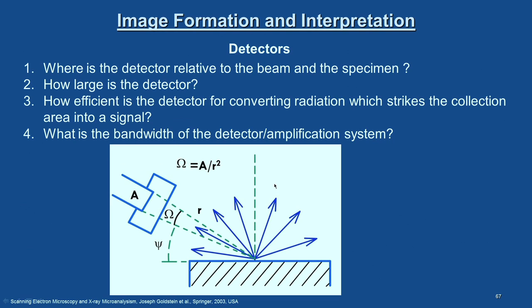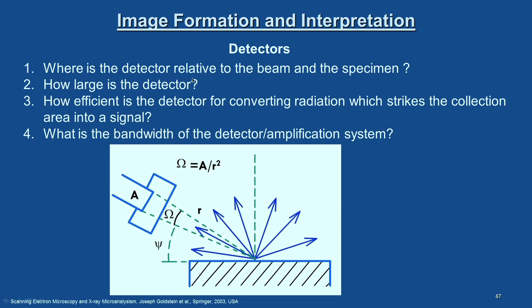Now, we will move on to some of the characteristics of detectors. As I mentioned, the detectors play a very important role in obtaining quality images, so we will look at the characteristics of the detectors and then move on to the actual details.